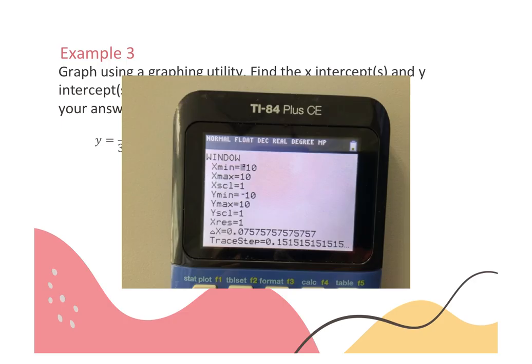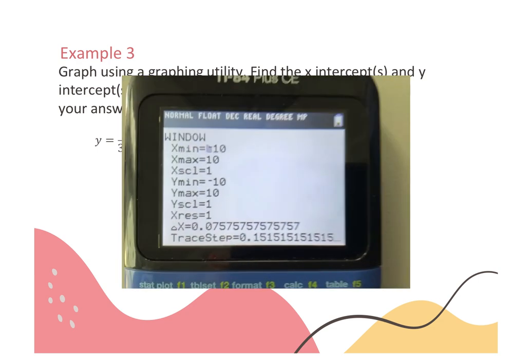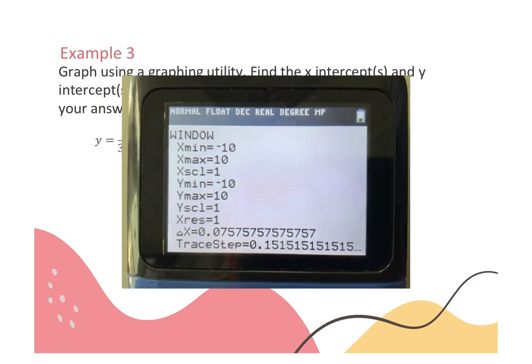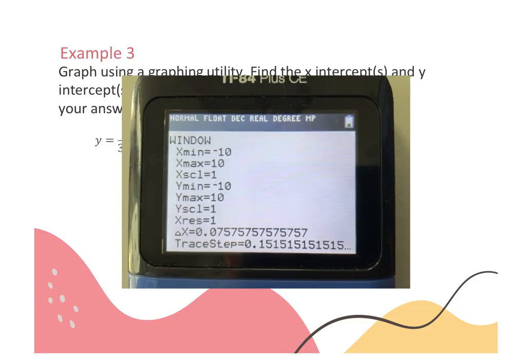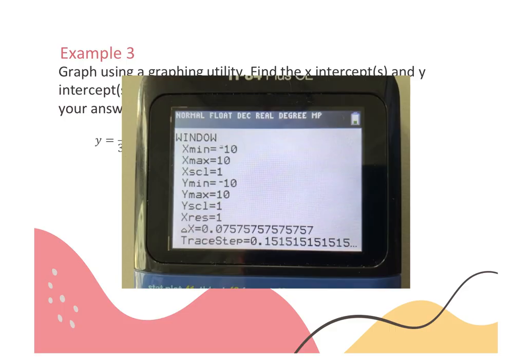If I hit the button that says window, this is my standard zoom. Negative 10 to 10 on the x-axis, scale of 1. Negative 10 to 10 on the y-axis, scale of 1. If it's messed up, you could just change it back, okay?